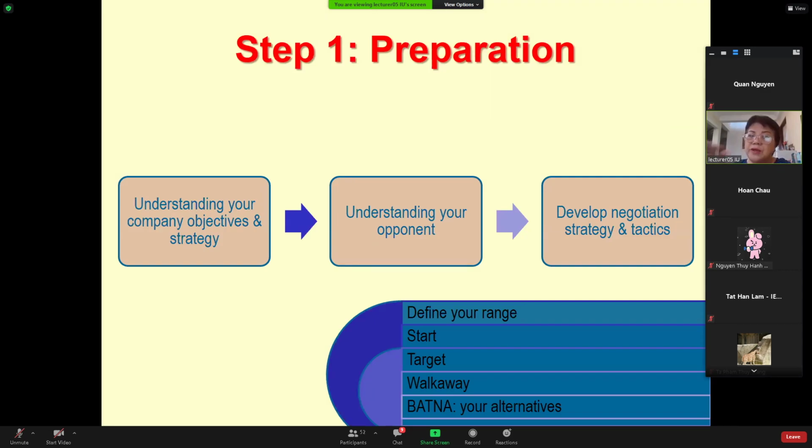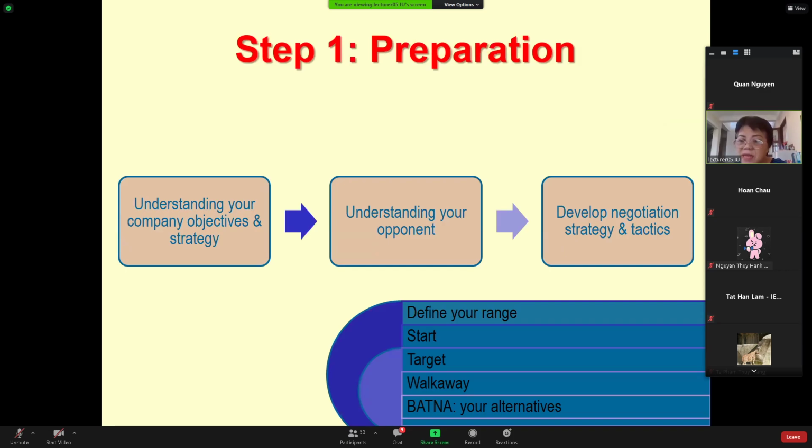In order to be a good negotiator, you should prepare your alternative. That means if you don't go with supplier X, you can go with supplier Y, or supplier Z, or whoever.